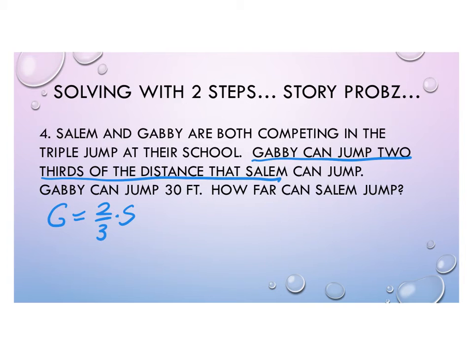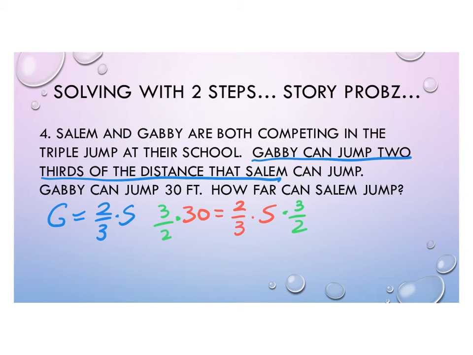Well, we also know that Gabby can jump 30 feet. So we can substitute 30 into that equation. It replaces G, and we have 2/3 S. From the previous problem, we know to get rid of a fraction, we're going to multiply by its reciprocal. So I'm going to multiply, even though it's out here, I'm going to multiply by 3/2. And I have to do the same thing out here.